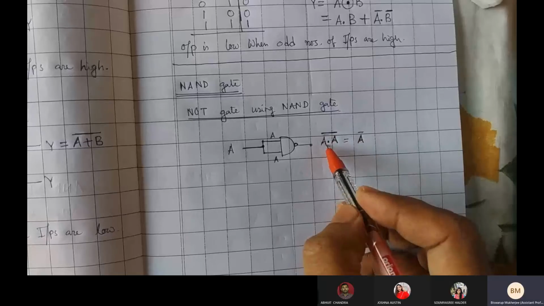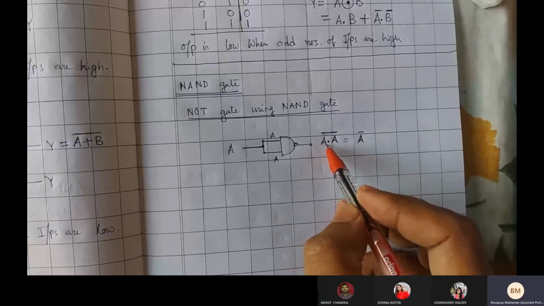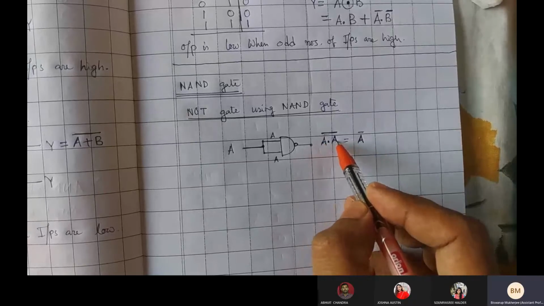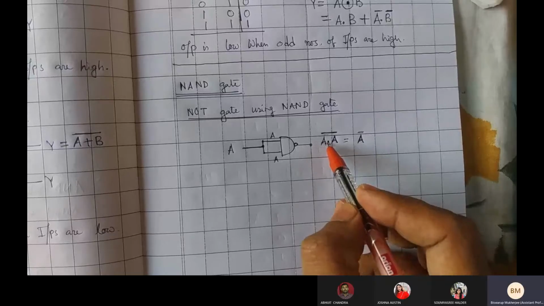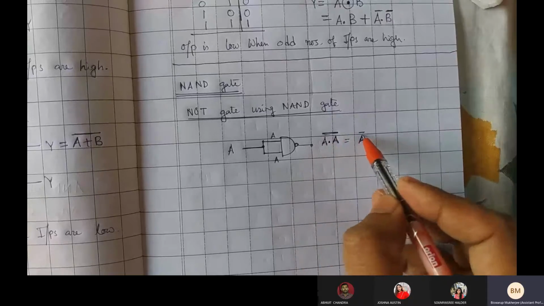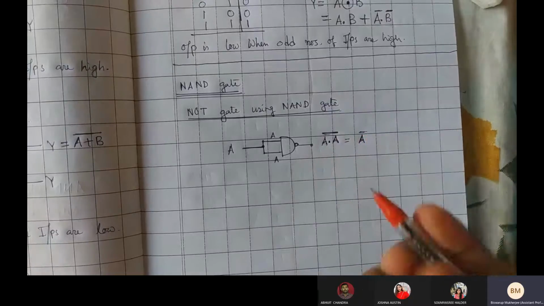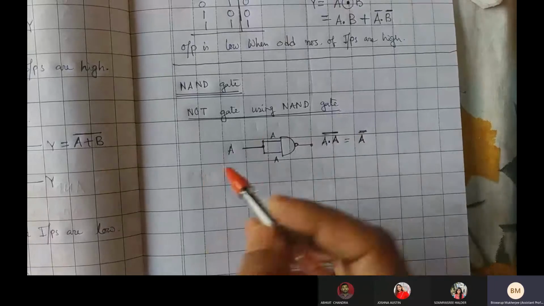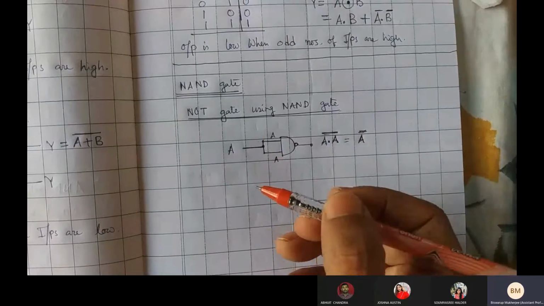If A is 1, then 1 dot 1 is 1. So A dot A is always A, and A dot A total complement is equal to A complement. This is the configuration by which we can implement a NOT gate using NAND gate.